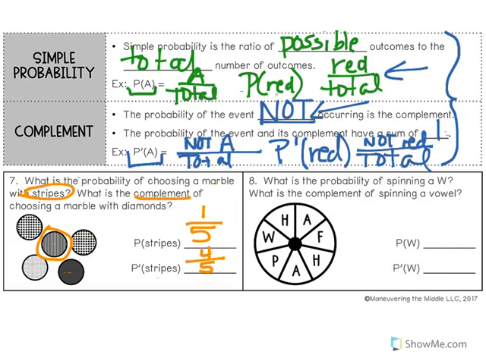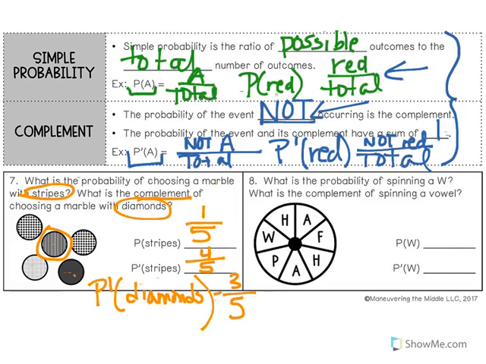What is the complement of choosing one with diamonds? Well, there are 2 with diamonds, but there are 3 that are not. So 3 out of 5. And this is simple probability because it's straightforward. I'm just doing the outcomes of one event.